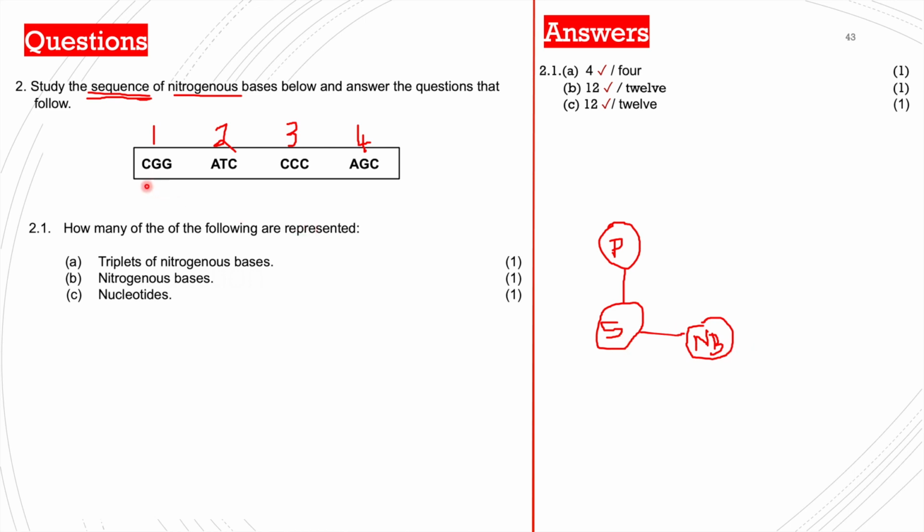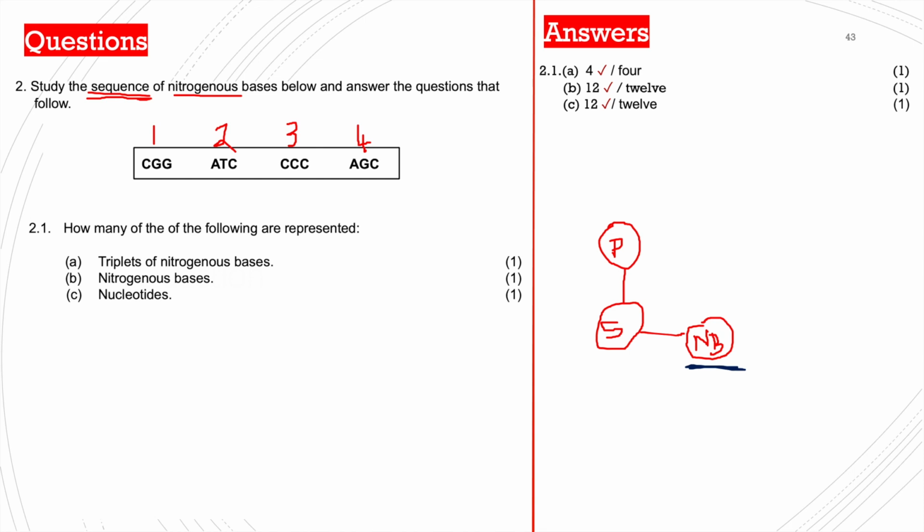So the nucleotide for this nitrogenous base, for this one over here, would contain cytosine there. For that one, it would contain guanine there. For that one, it would contain guanine there. For that one, it would contain adenine there. So what I'm essentially saying here is that even though you are just given the nitrogenous bases, we know that nitrogenous bases do not travel alone.